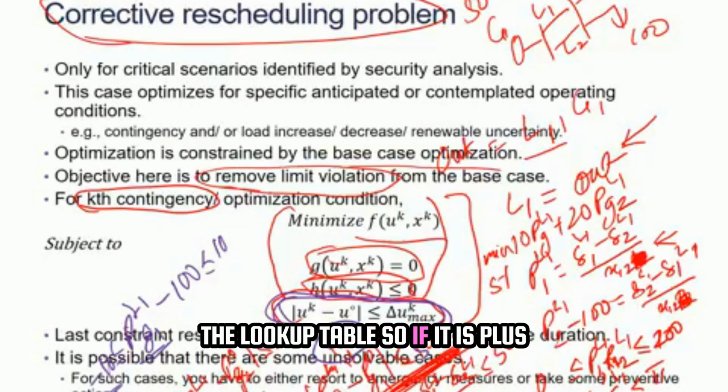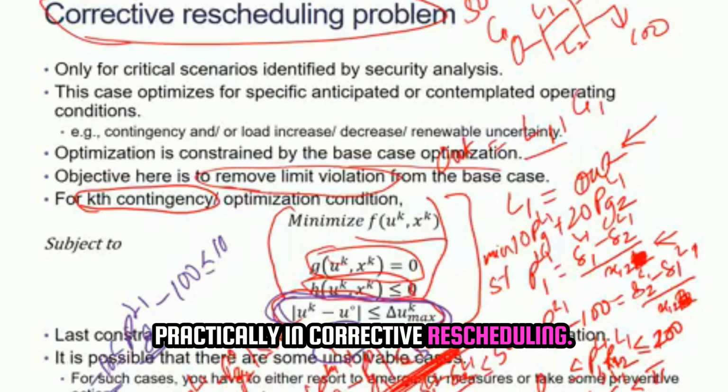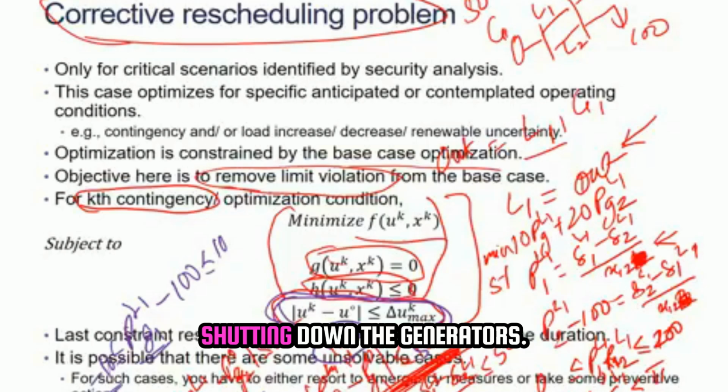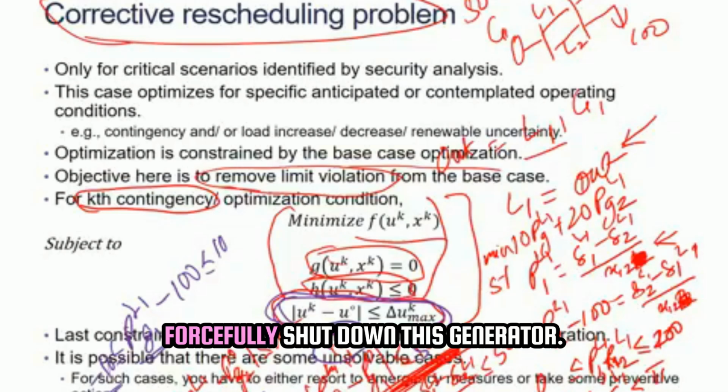So if it is plus minus 10, then there is no option practically in corrective rescheduling, because I have excluded the option of shutting down the generators. Then the only solution is to forcefully shut down this generator.